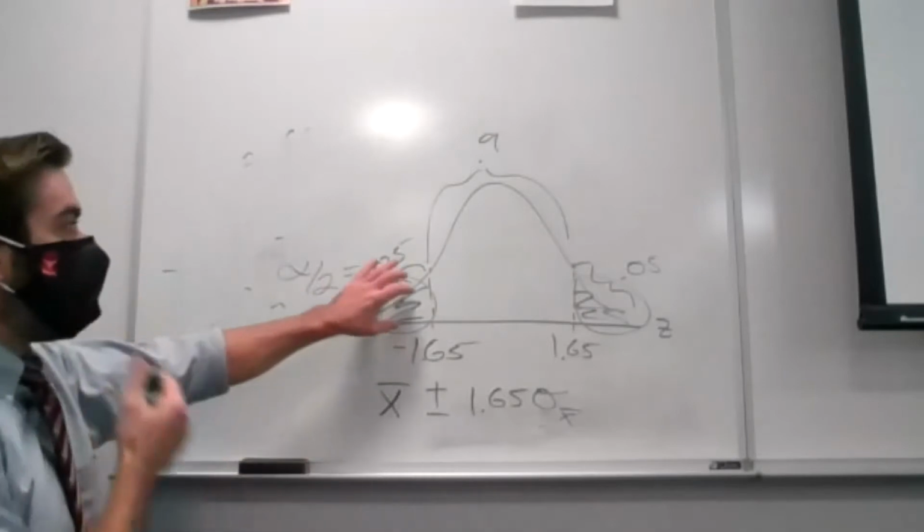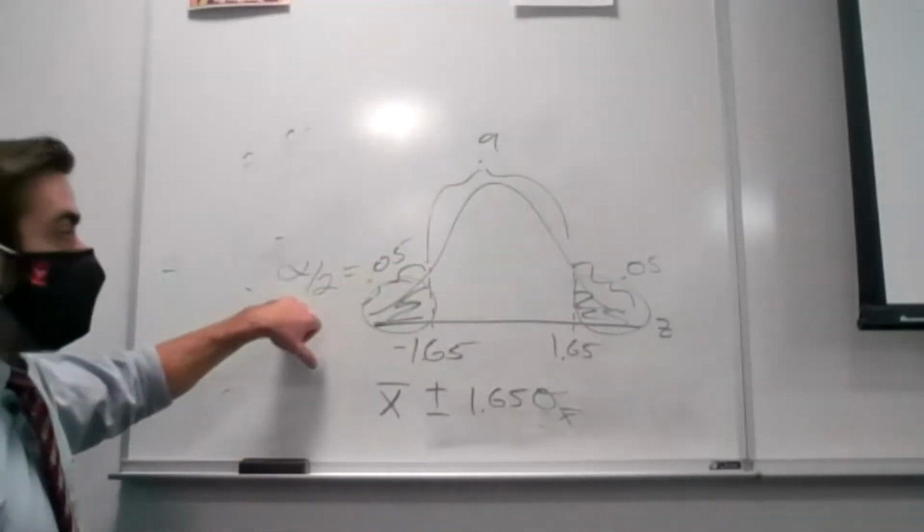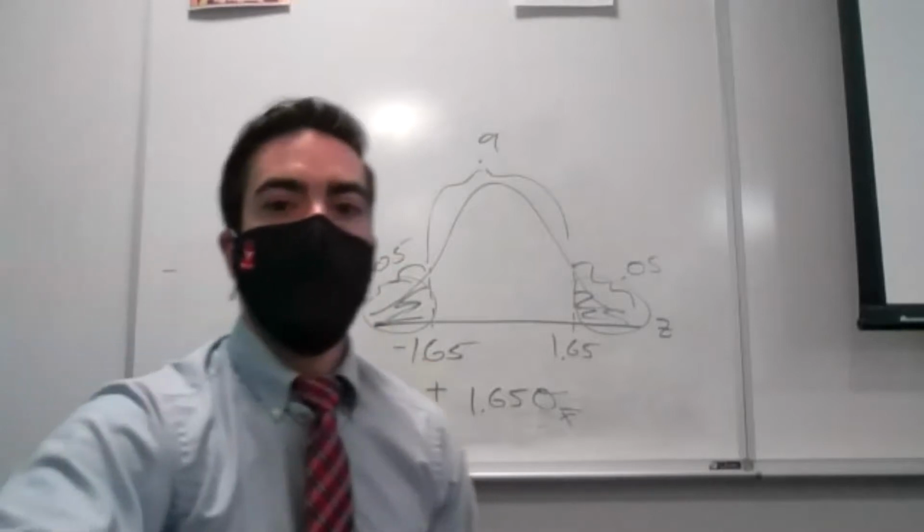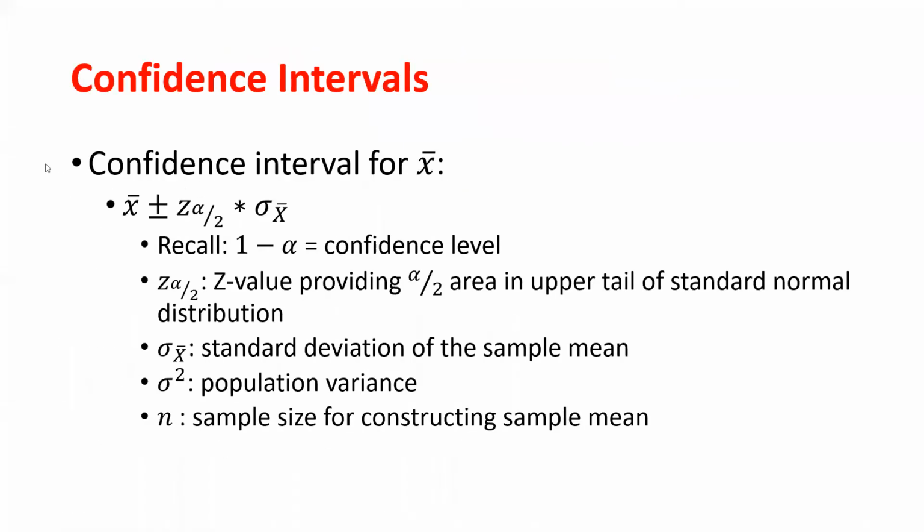Once we knew what that area in the tail, alpha over 2, was, we looked up the z-score that would give us that. So to build our confidence interval, we go whatever number of standard deviations away from the mean, that's the z-score, would give us alpha over 2 in each of those tails. That's how, when I walked through that example, we found that z-score of negative 1.65.